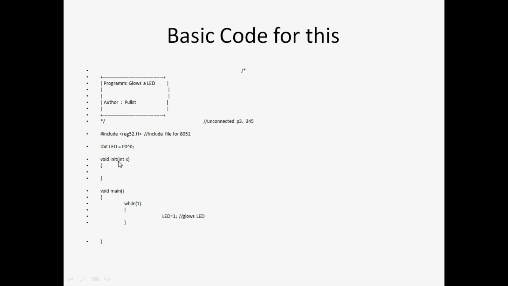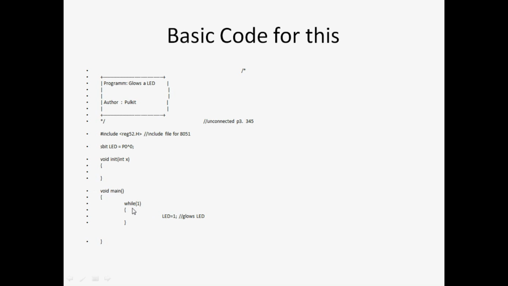I have declared a function with parameter int x, but I am not using it, because such a function is used in big programs where we have a large number of statements for initializing our project.